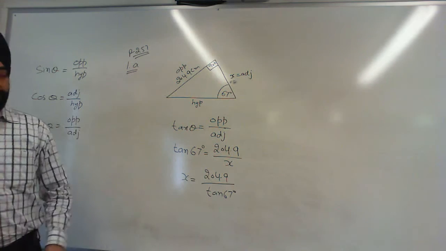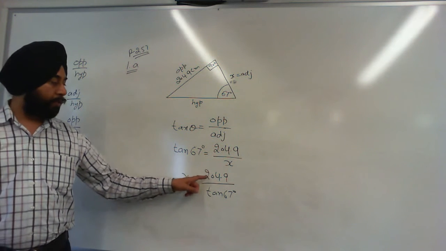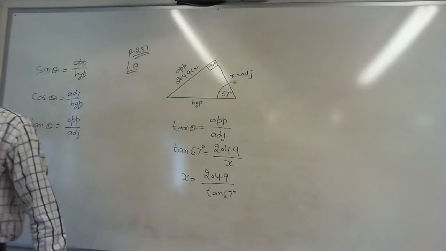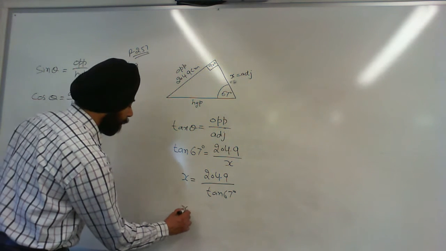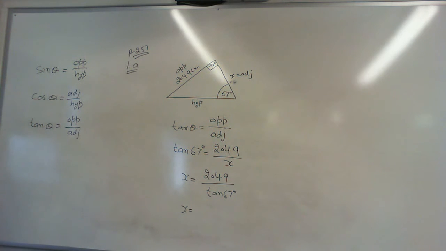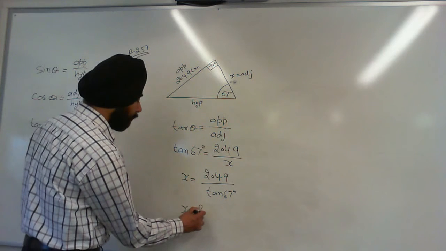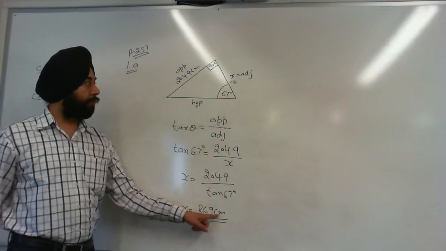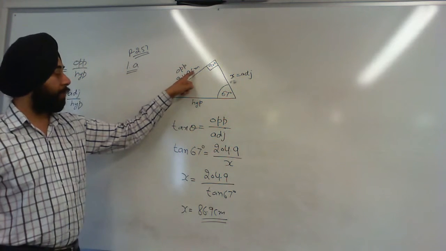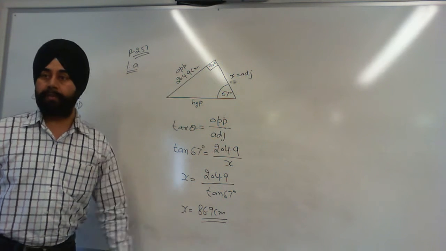Now you use your calculator to solve this. What is 204.9 divided by tan 67? 86.9. 86.9 centimeter. You must write the units, centimeter, because this length was in centimeter, this length will also be in centimeters.